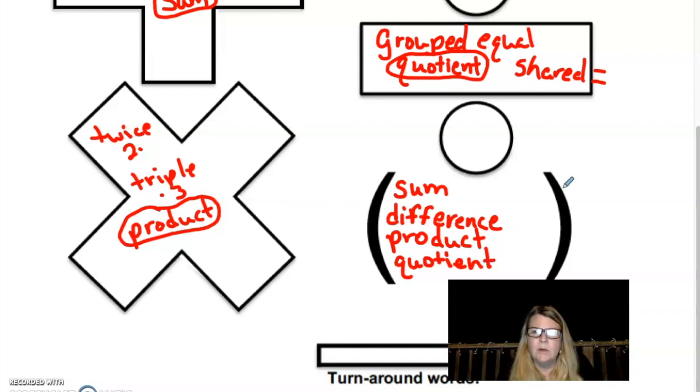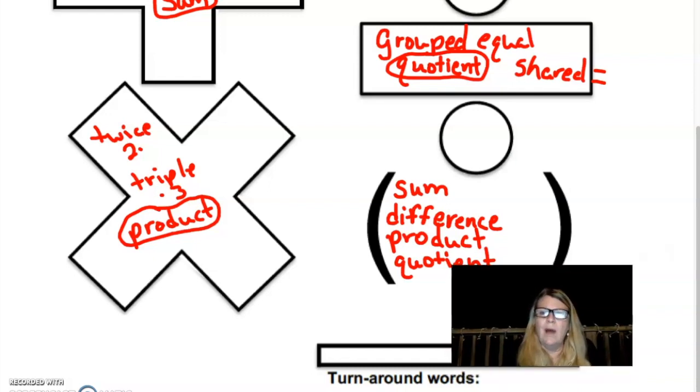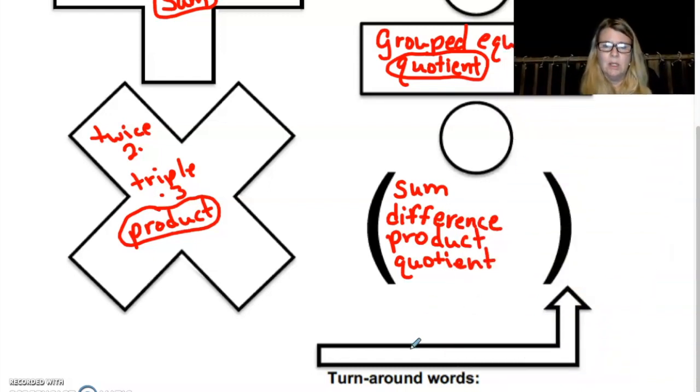Those are parentheses words. Now, the next one that we're going to look at is what I call turnaround words. They're words that mean that you switch the order. So we'll look at some examples of those, but those are words like more than.